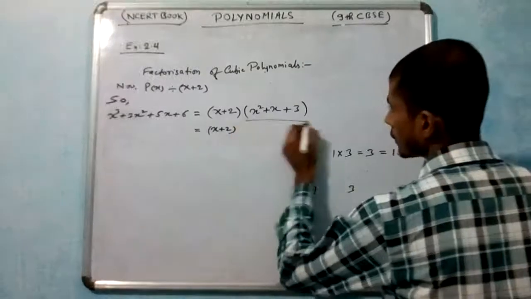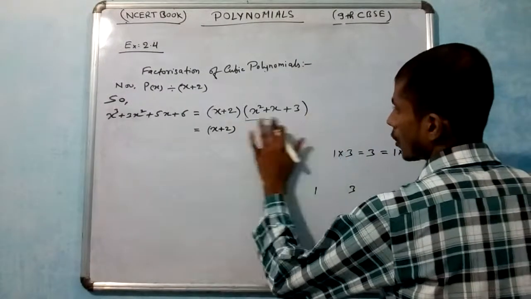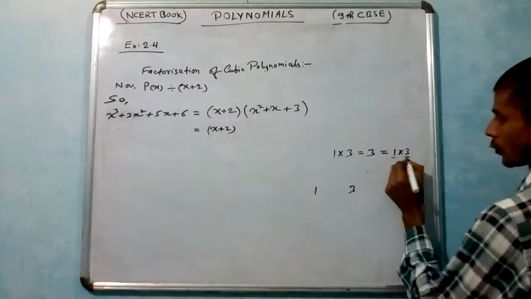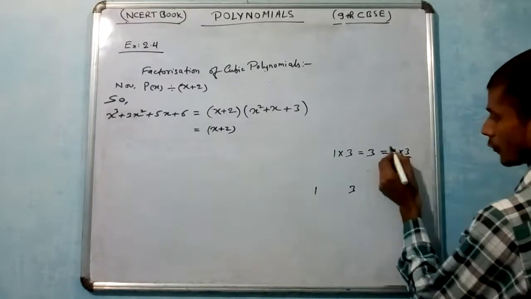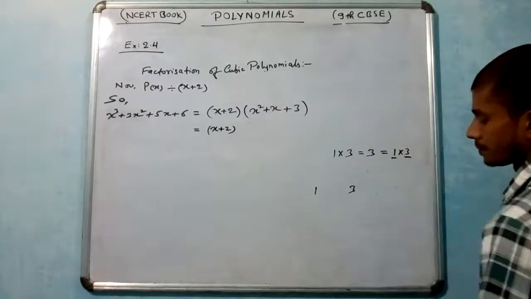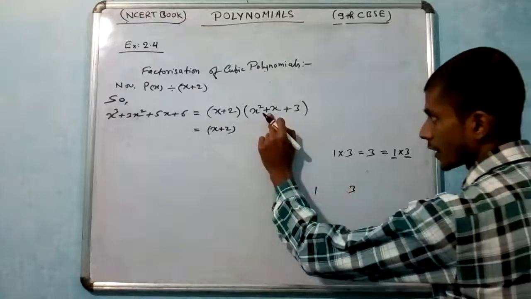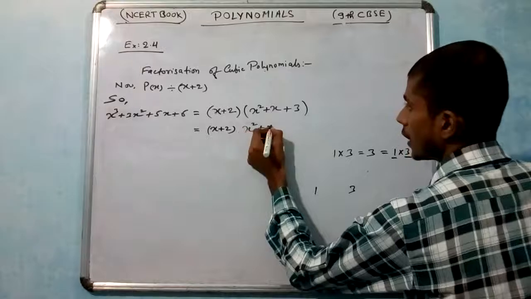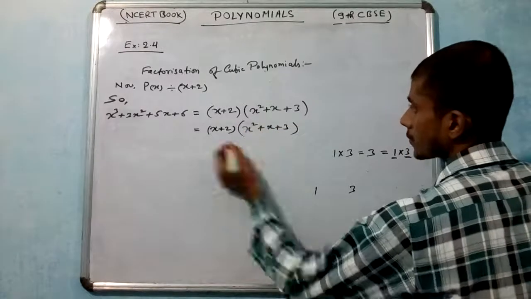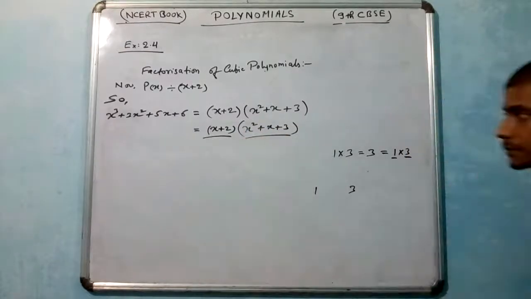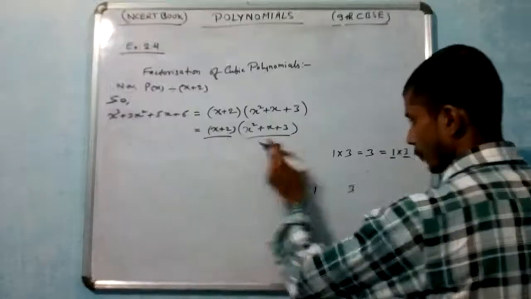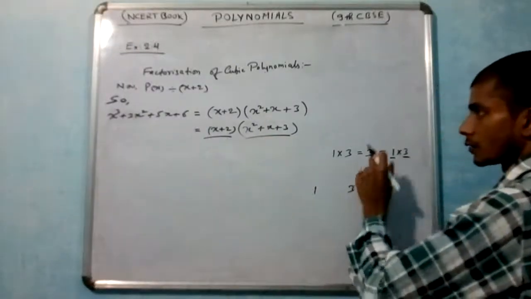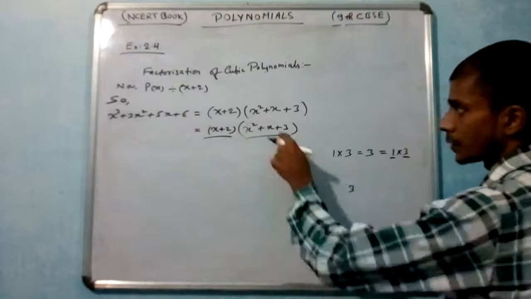Here only two values are coming, 1 and 3, and from 1 and 3 we can never get 1. So we will write this as it is and stop. This is the answer. We cannot break it further from the formula we have, splitting the middle term.